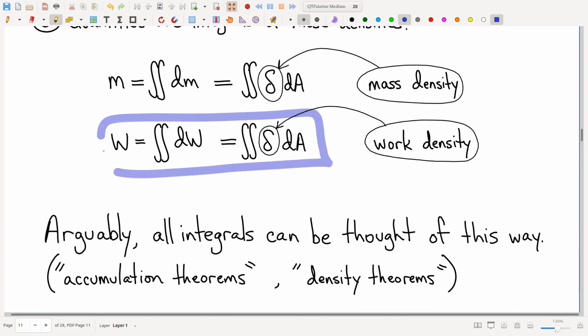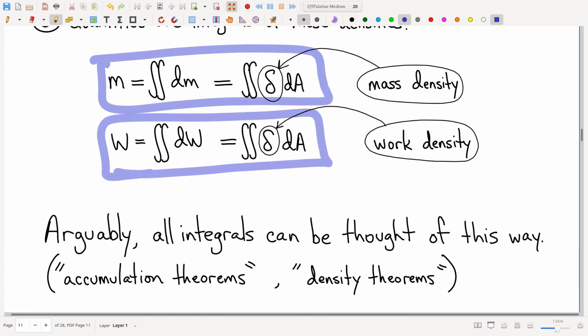So this, for example, and that, for example, and any other accumulating quantity where you find the associated density and argue that the whole is the integral of the density, is an accumulation theorem, because of how important accumulation is in making that all happen. Sometimes I call them density theorems, again because of the prominence of density in the result.